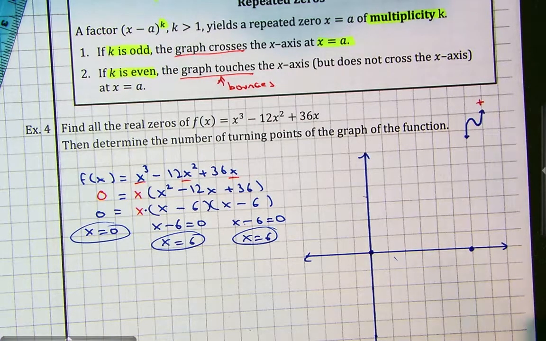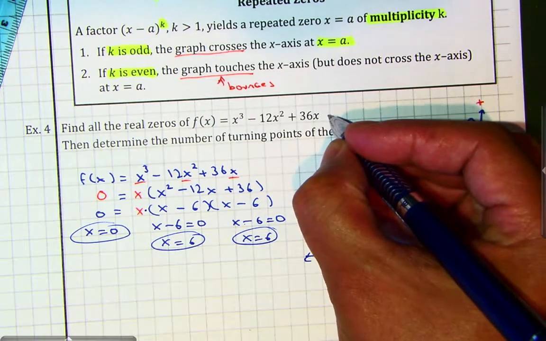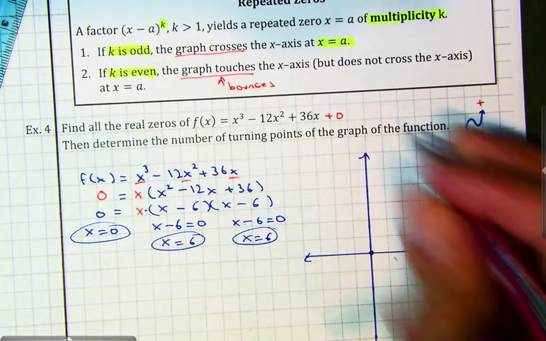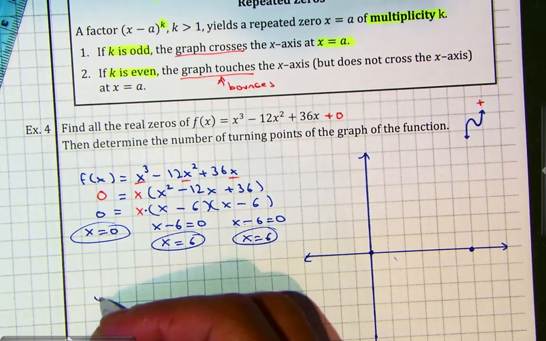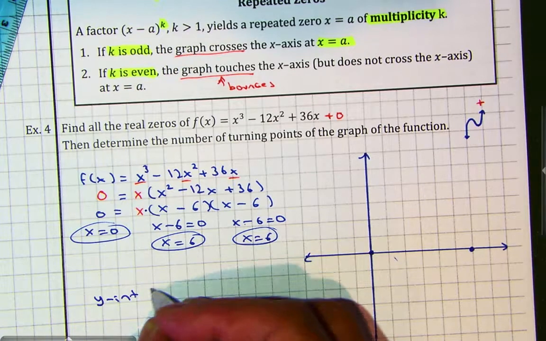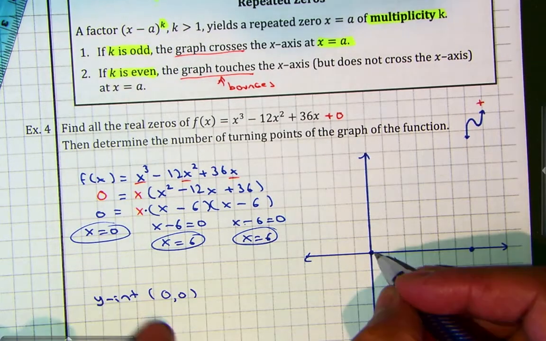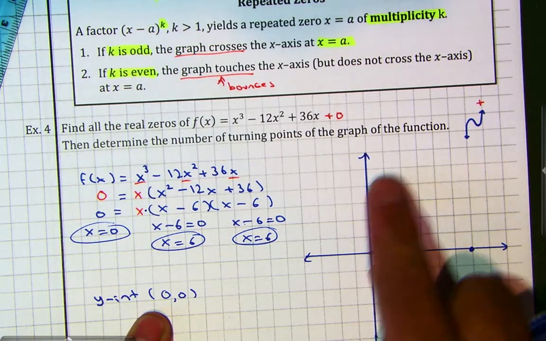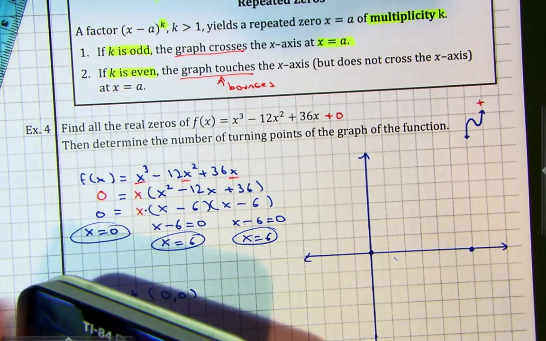Now, one of the things that you also have to remember is your y-intercept. In this case, there's a plus 0 in here. So this number will be your y-intercept, which will be 0, 0. So that doesn't help us. Now, if you want to find additional points, I can just use my calculator and plug in values for x.